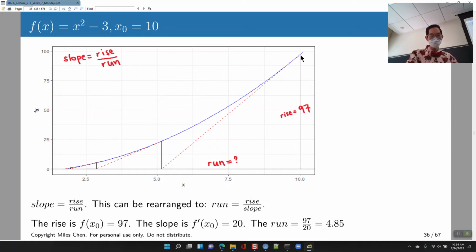That's my rise. And what is the run? Well, if slope is rise over run, then run is going to be rise divided by the slope. So the rise is 97 divided by the slope of 20. That's this. And so my next iteration is going to be 10 minus this value, 4.85. So this next value is going to be 5.15.